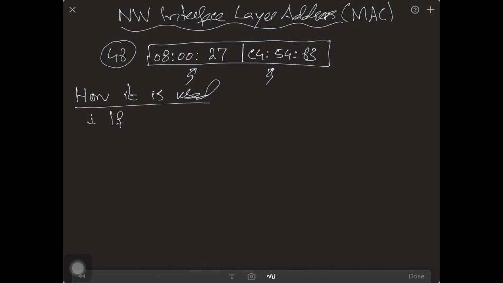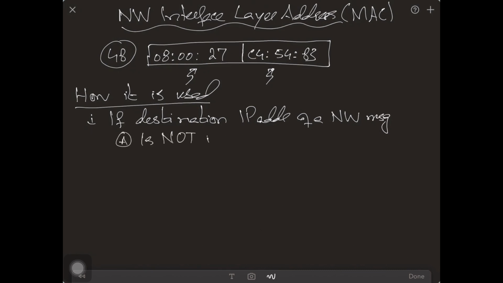If the destination IP address of a network message that needs to be sent is not in the same local network, then it is sent to the gateway and routing is done.